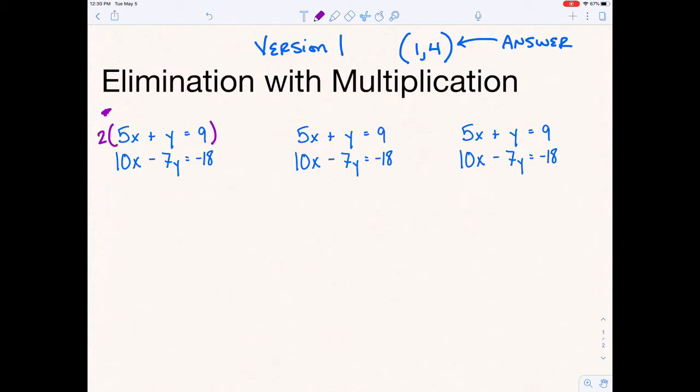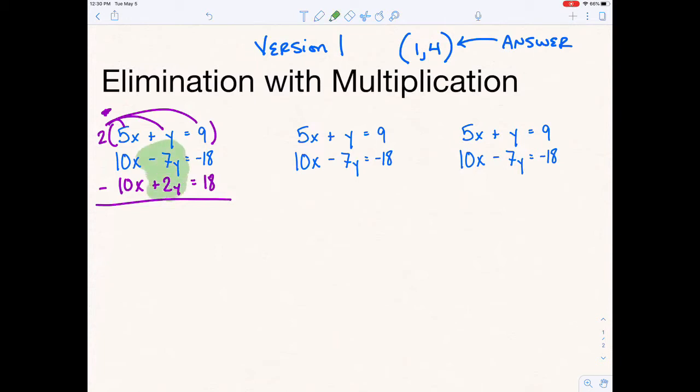I'm going to multiply the top number by 2, and I'm going to rewrite it just down below the second equation. So 2 times 5x is 10x, 2 times y is 2y, and 2 times 9 is 18. And now here's what I observe. I have common 10s here and here. So since I have common 10s, I'm going to subtract. 10x minus 10x is 0.